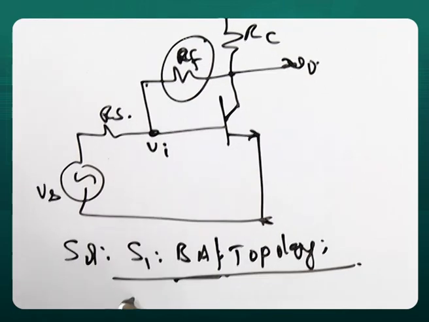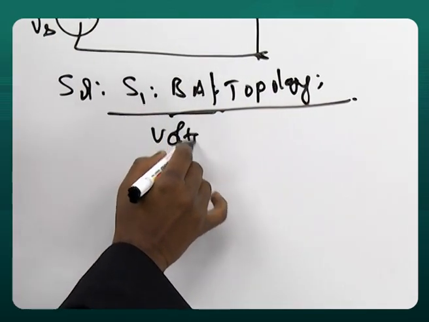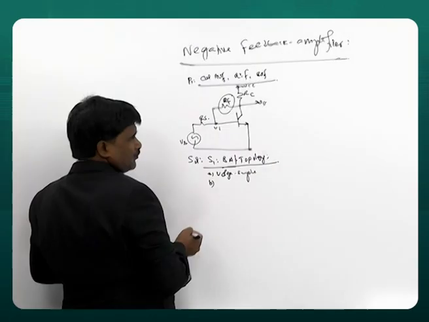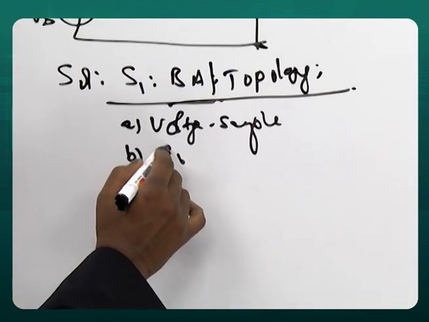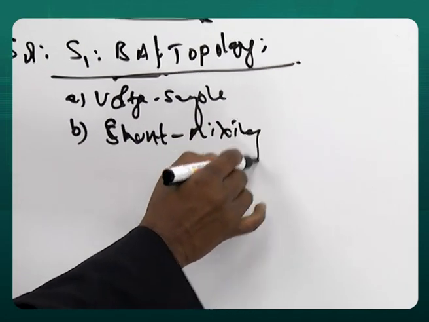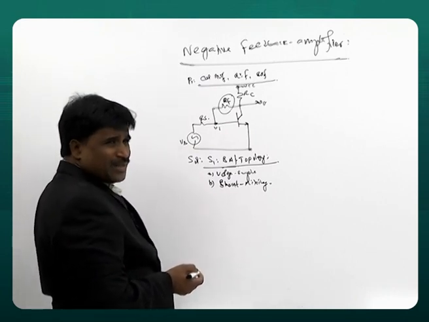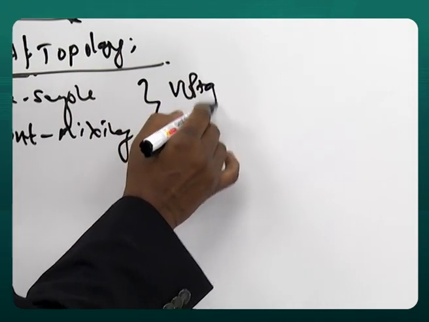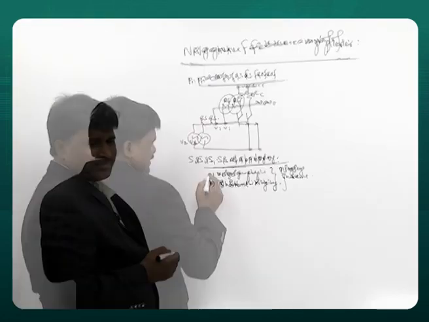Output is taken directly from voltage, so it is voltage sample. Output is directly given to base, therefore it is shunt mixing. So voltage sample here, shunt mixing here. If you combine these two, this is called voltage shunt.